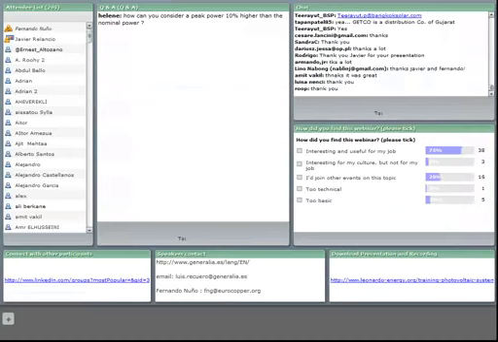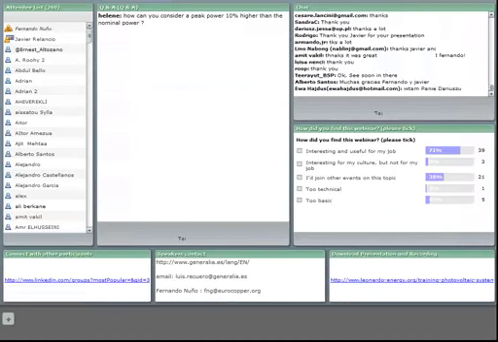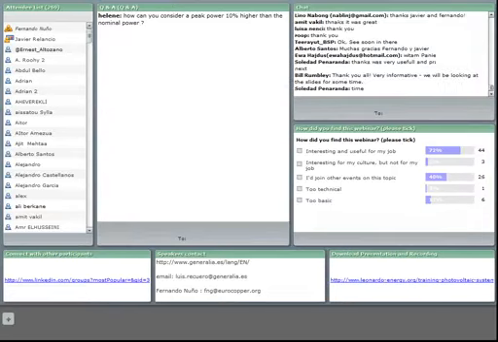Okay, so Fernando, we have already selected the first question to answer, because I think it is quite an interesting question. There is a person that is asking, how can you consider a peak power 10% higher than the nominal power?